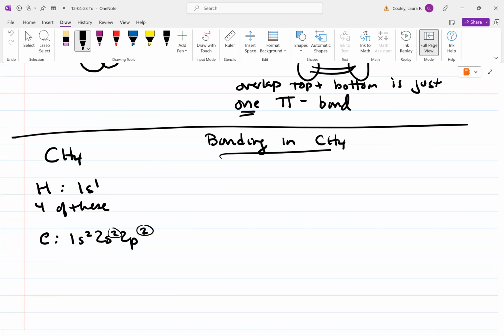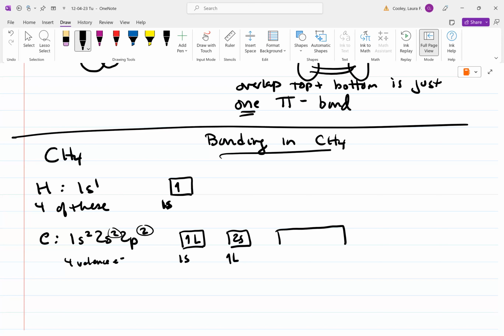Those are the electrons in the last shell that isn't filled. So there's 4 valence electrons. If I draw my little block diagram, here's my 1s1 for each hydrogen. And for carbon, I have the 1s, the 2s, and then 3 2p's.